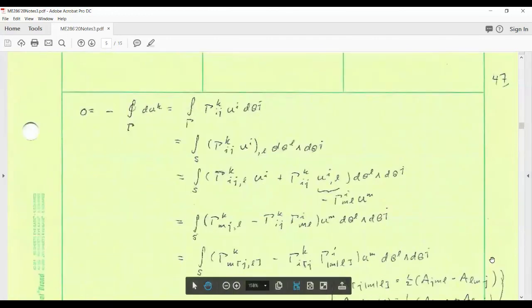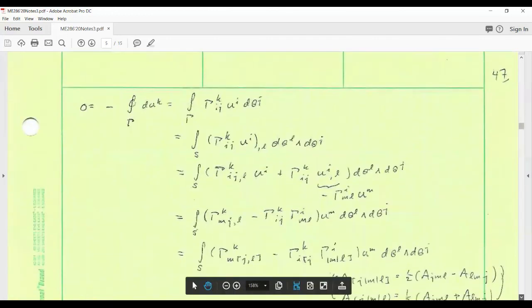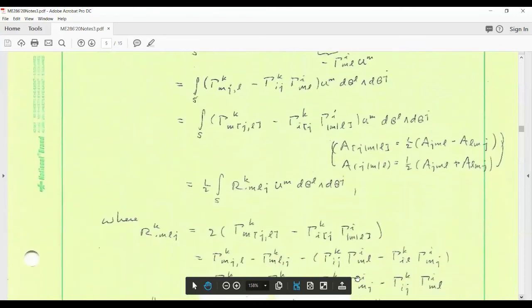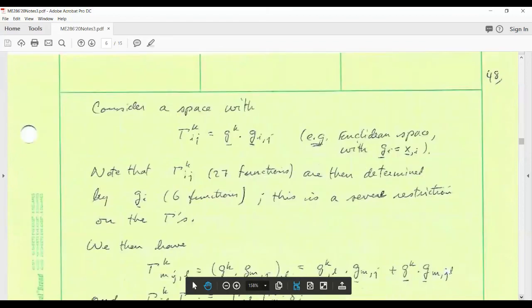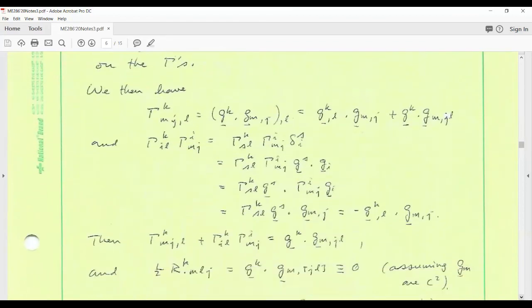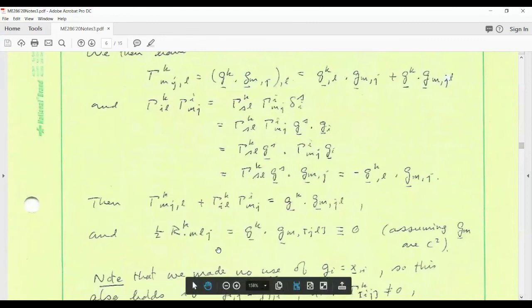We skew symmetrize with respect to J and L to get this Riemann tensor. And then we need the factor of 2, as shown here. Skew symmetrize this with respect to J and L, and you just get this.